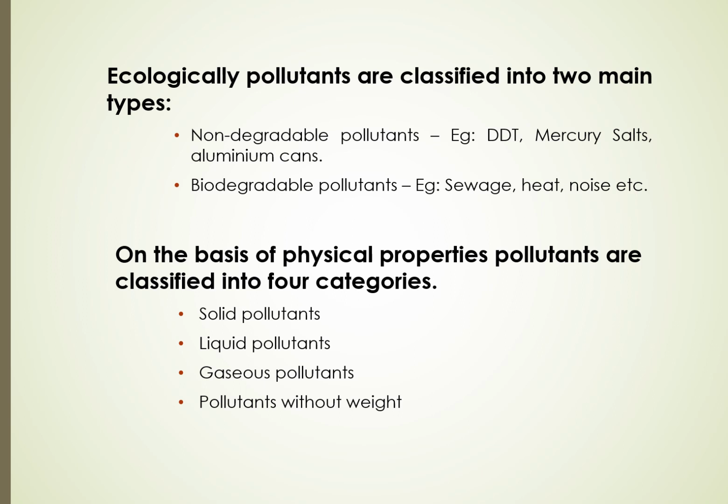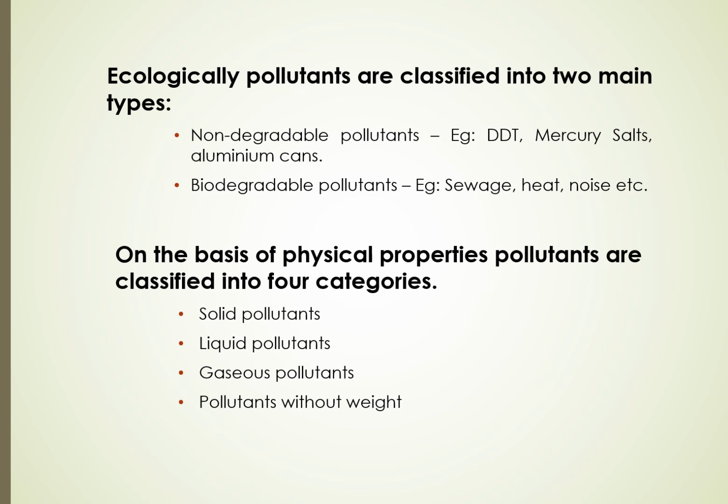Ecologically, pollutants are classified into two main types: non-degradable pollutants and biodegradable pollutants. What is meant by non-degradable pollutants? The pollutants which cannot be decomposed are called non-degradable pollutants.